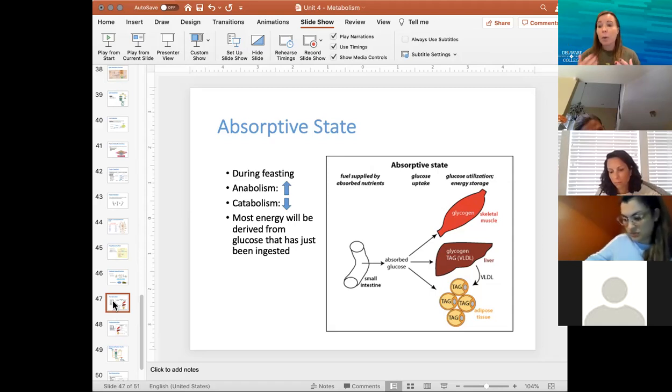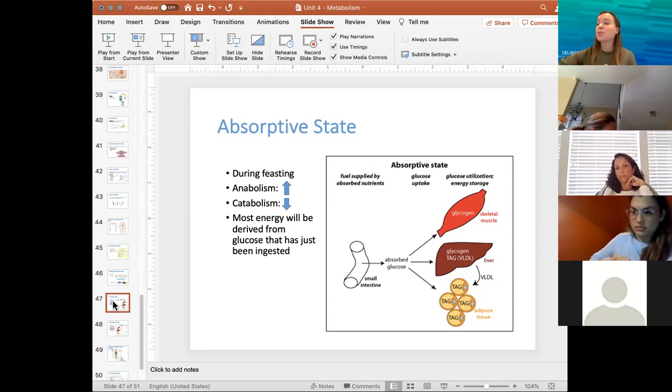And mainly, you're definitely going to use what you need right away for energy. Your cells will use some glucose to make ATP. But then the rest of what you're doing is storing all of these excess nutrients so that you have them to use later at a time when you haven't eaten.